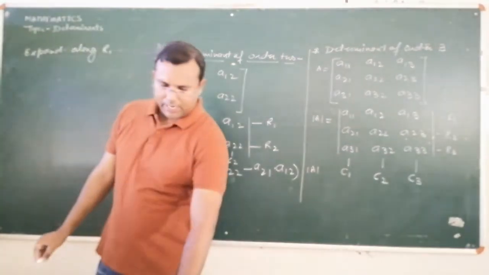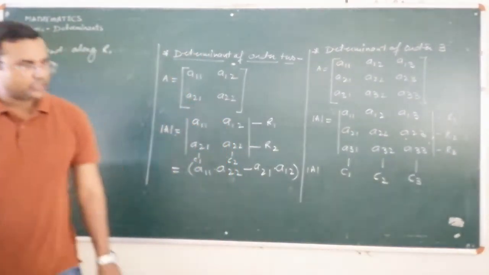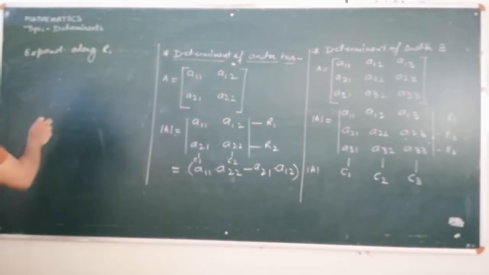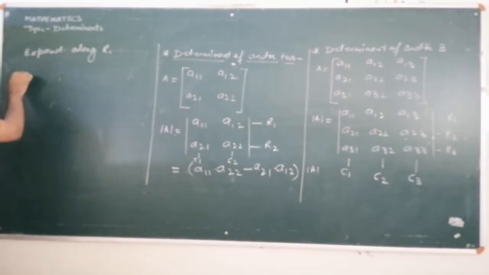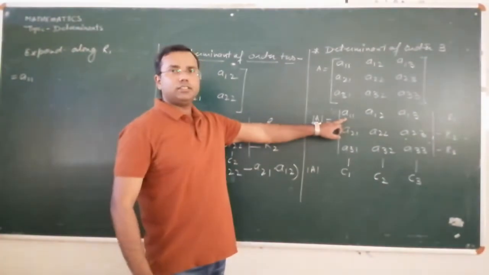If you want to expand along R1, then you will have to take care of just one thing. You will write the first element of the first row, A11. This is the first element. You can see here A11.